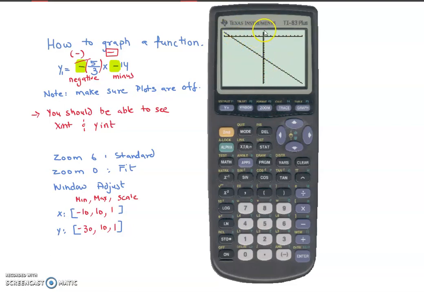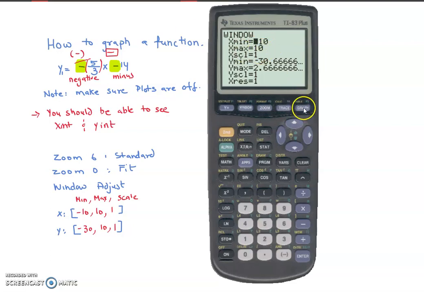So I can work with this, but I am going to show you how to adjust the windows in case you have to do that yourself. I would like to see a little bit more of the positive Y. So I will go under Windows. You can see that the X minimum is negative 10 and the maximum is positive 10.